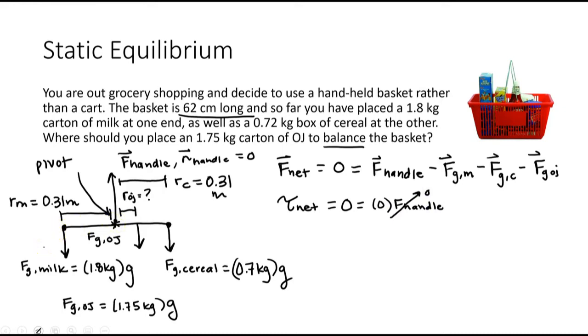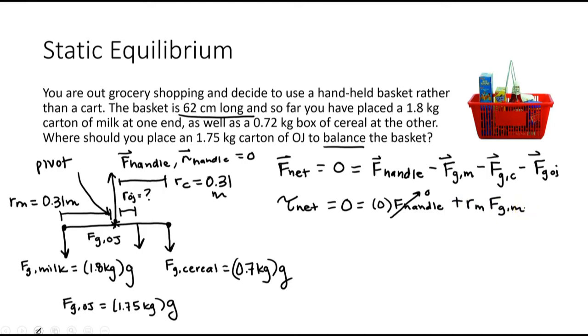If you think about, for example, holding your pencil at the middle and then pulling down at the left-hand side corresponding to the place where we've put our milk, that would cause a counterclockwise rotation of your pencil. And so similarly, that causes a counterclockwise rotation of the basket. And so that torque is going to be positive. So let's say it's going to be plus R milk times FG milk.